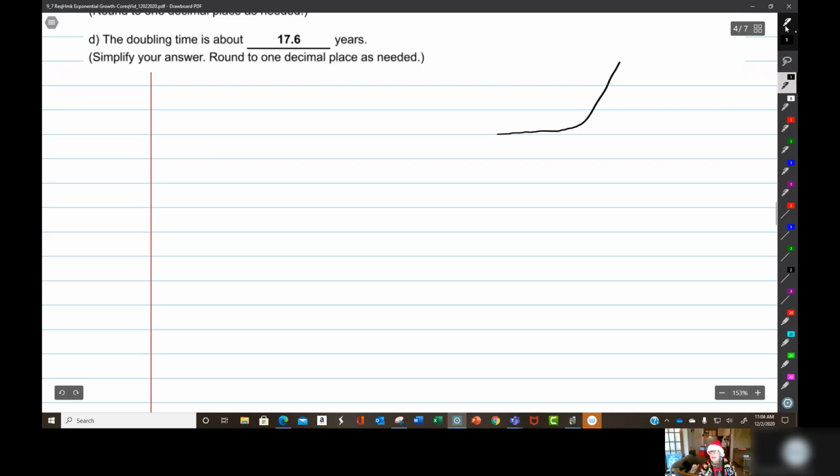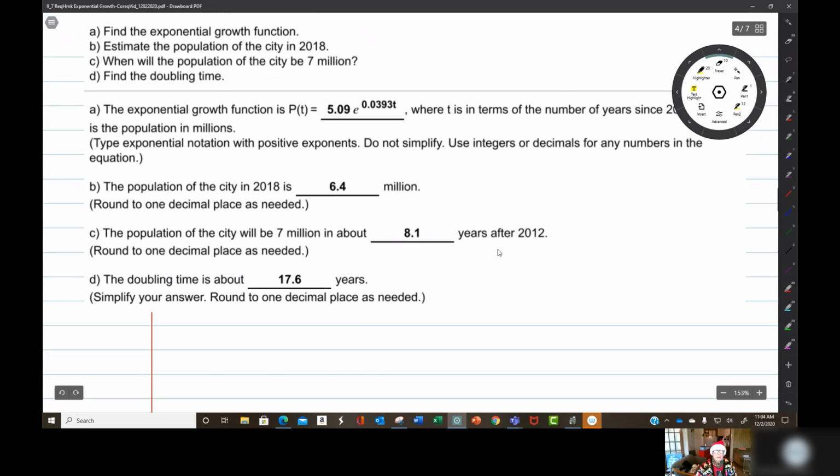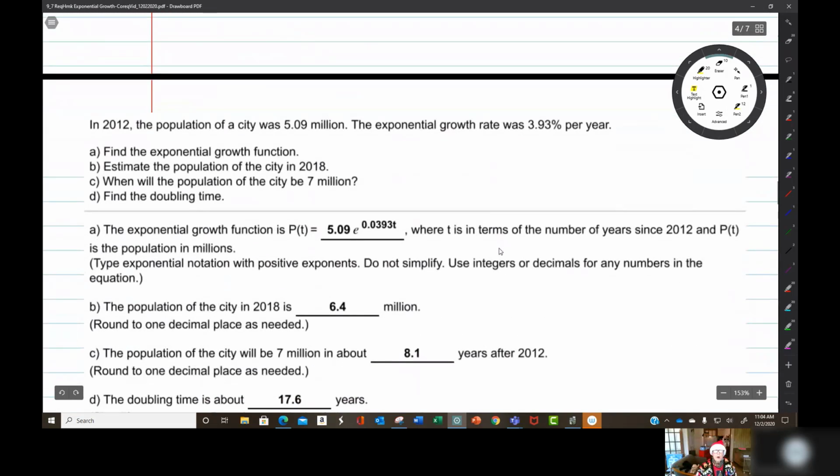So let me erase that. Populations, whether they're bunny rabbits or people or bacteria, or I don't know about viruses, but I would suspect it's the same, all grow exponentially if there's no natural enemy to bring them down.